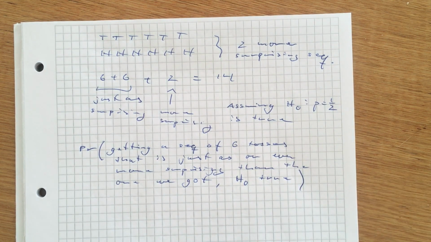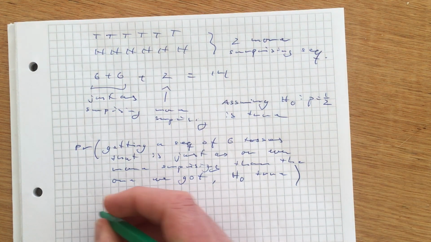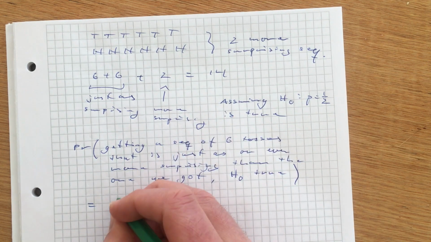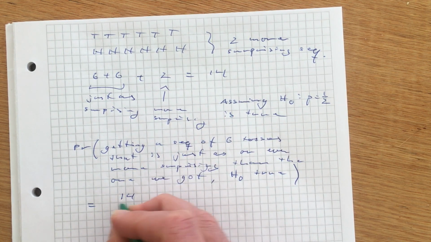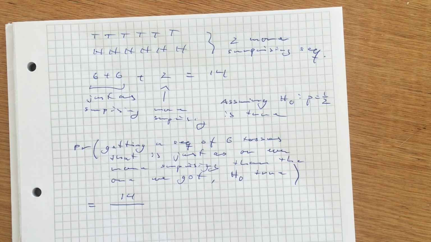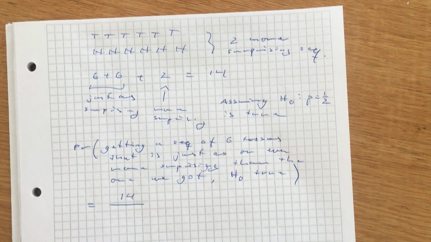That's a long sentence in the parenthesis. Well, we know now that there are 14 such sequences, and we have to divide that by the total number of possible sequences that you can get when tossing a coin 6 times. So how should we count the possible number of sequences?